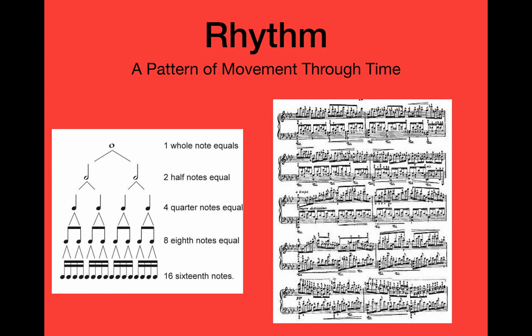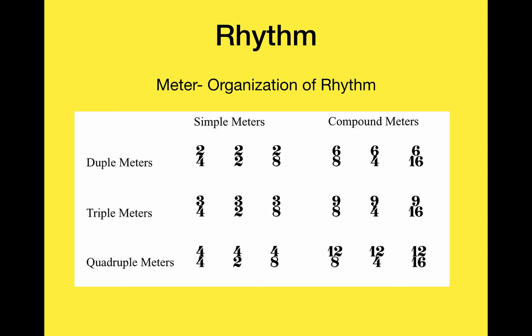An aspect of rhythm you're going to read about is something called meter. That's the way we organize rhythm. So you will hear about pieces of music being basically in duple or triple or quadruple. Do we feel the music moving 1, 2, 1, 2, 1, 2, 1, 2? Do we feel it moving like 1, 2, 3, 1, 2, 3?